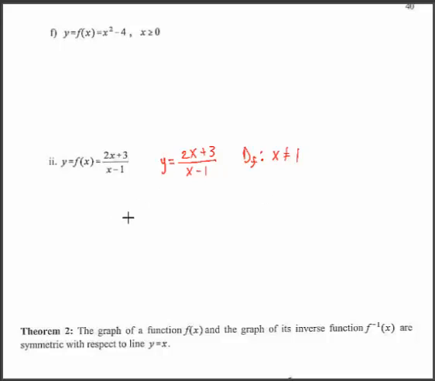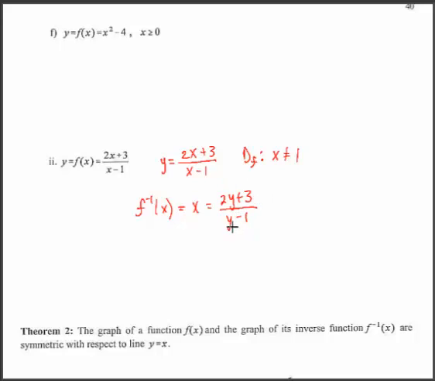Okay, so now I am going to create my inverse function by swapping y's for x's and x's for y's. So I will write x equals 2y plus 3 over y minus 1 on the bottom.